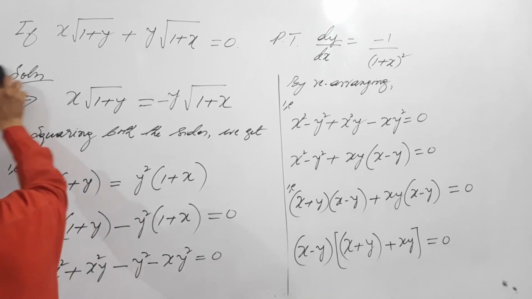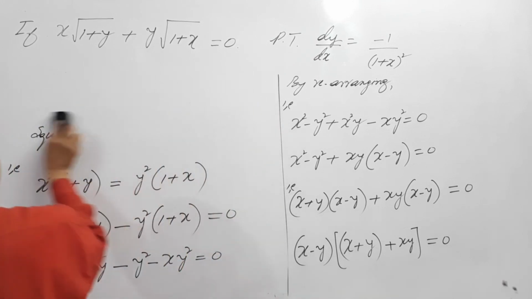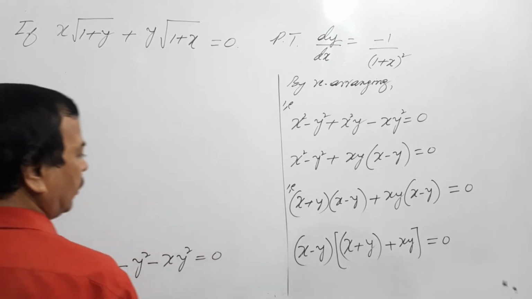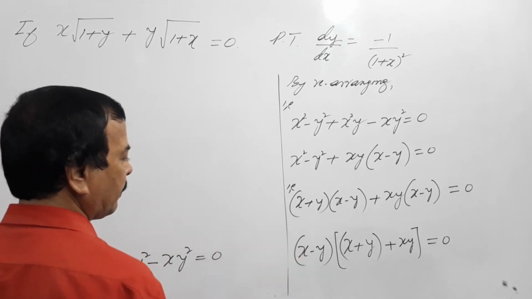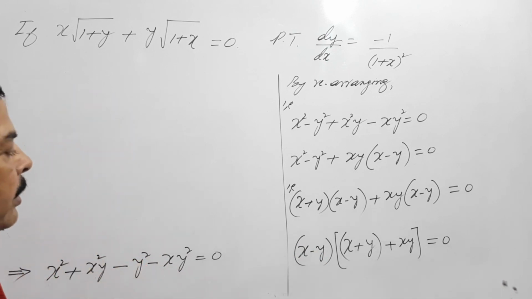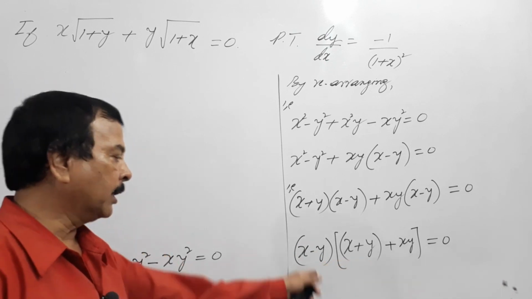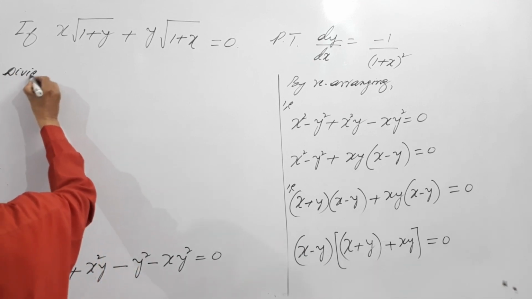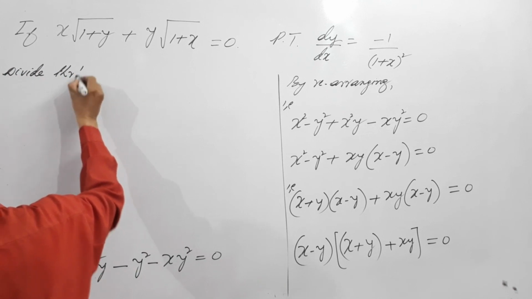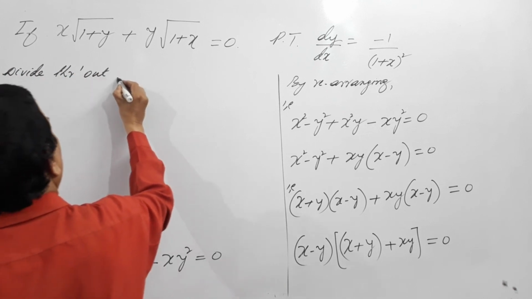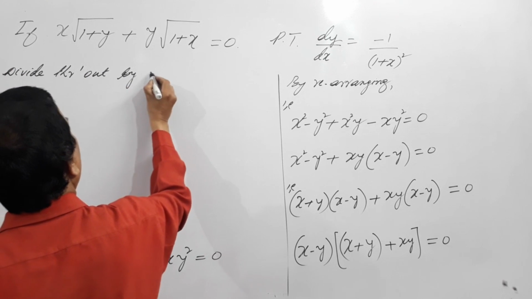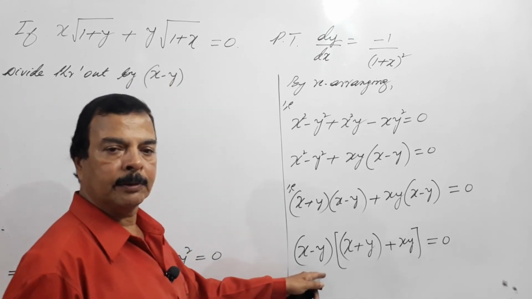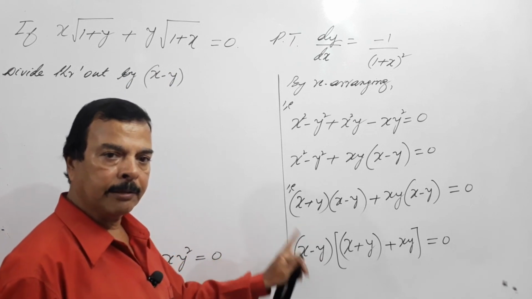I wrote this. So what I do is I divide throughout by x minus y. What happens? x minus y divided by x minus y gets 1.